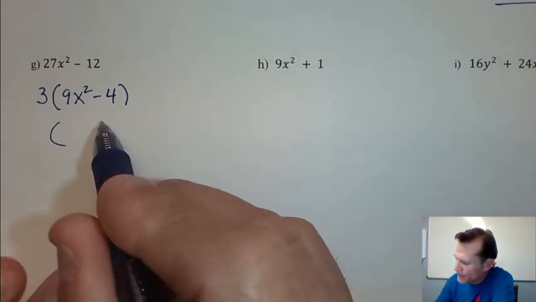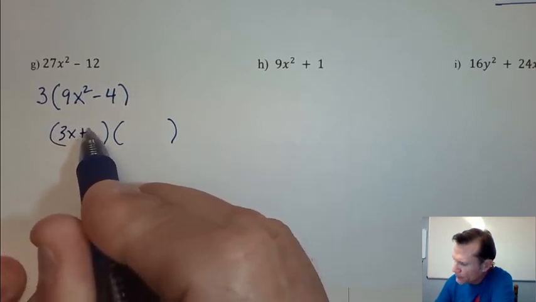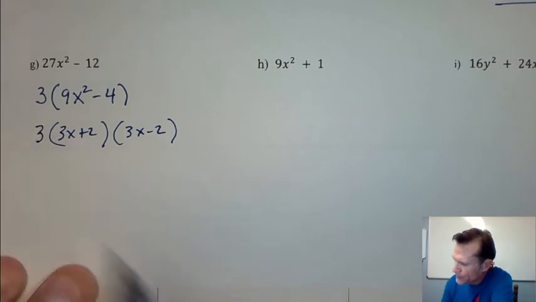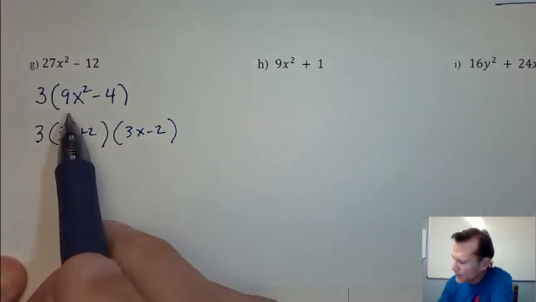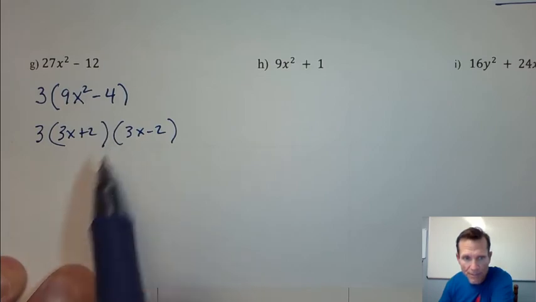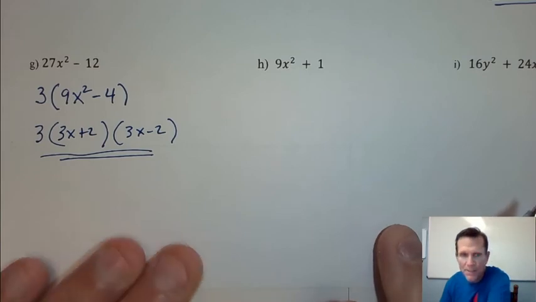But then this can factor into 3x plus 2, 3x minus 2, and we bring our GCF down. This again is the difference of squares, and we get conjugate pairs. Don't forget your GCF. Okay.